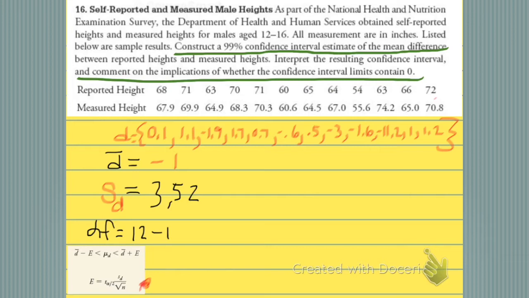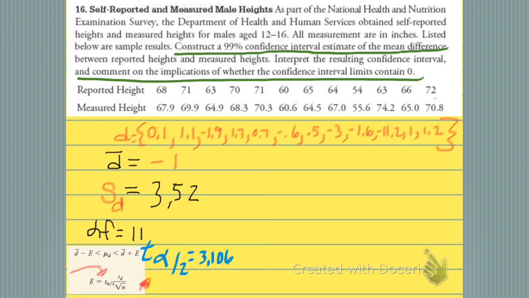So we need to go get our T-stat, because we need that down here. In order to do that, it's the number of pairs minus 1, because that's our degrees of freedom. So 12 minus 1 was 11, and our t alpha over 2 from our chart was 3.106.